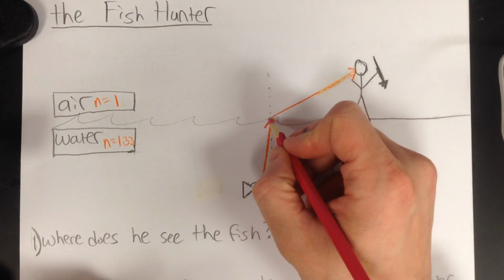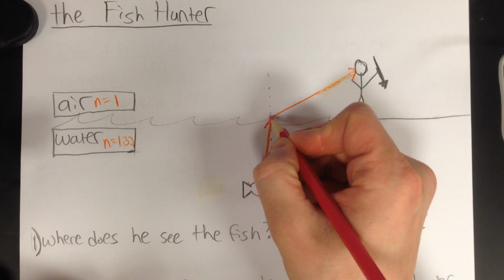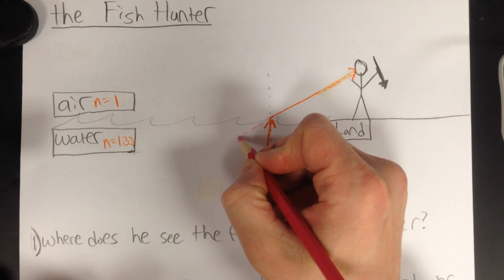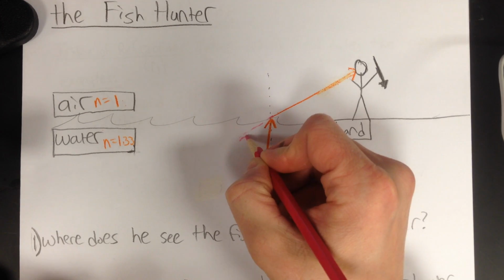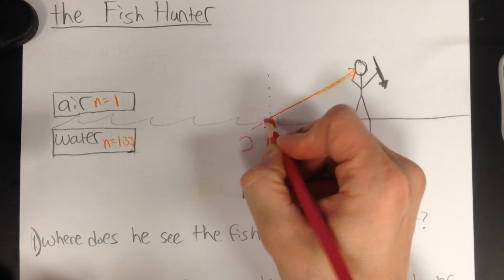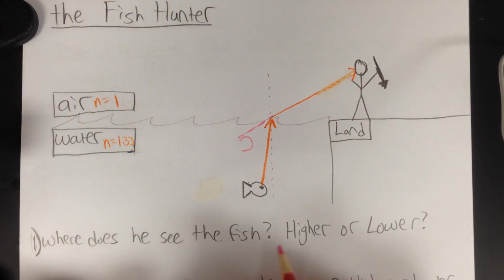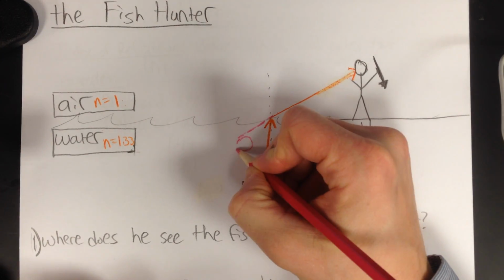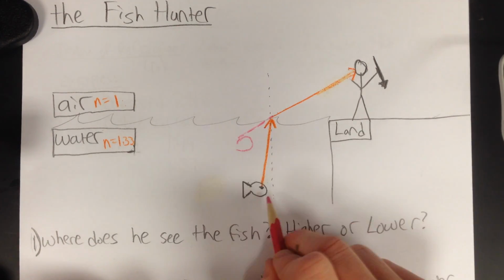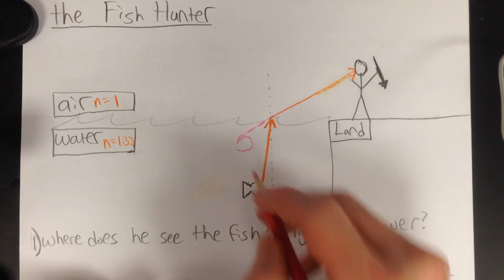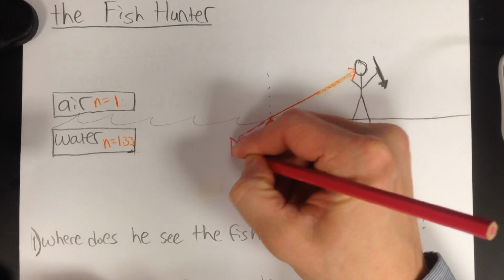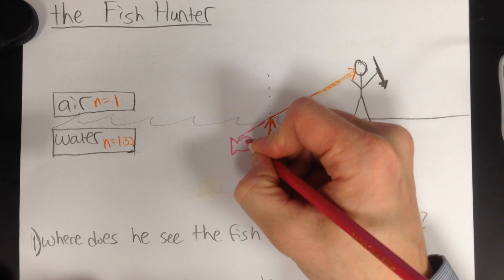So our mind actually traces that ray we see back to right there. See that dotted line? That's what our mind believes the light is coming from, because it thinks light goes in a straight line. It doesn't know that light bends. And we would actually see the fish right there.